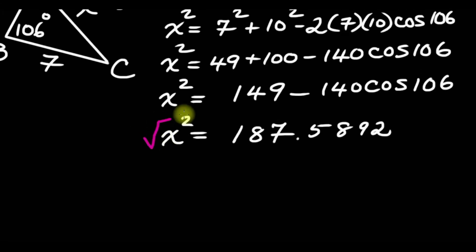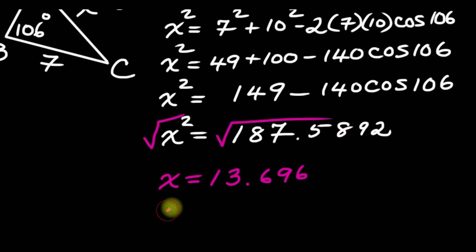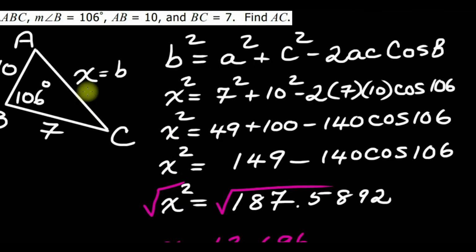So we take the square root of 187.5892, and x is going to be 13.696, and we are going to round that to the nearest tenth. So the answer is 13.7. This side right here is 13.7.